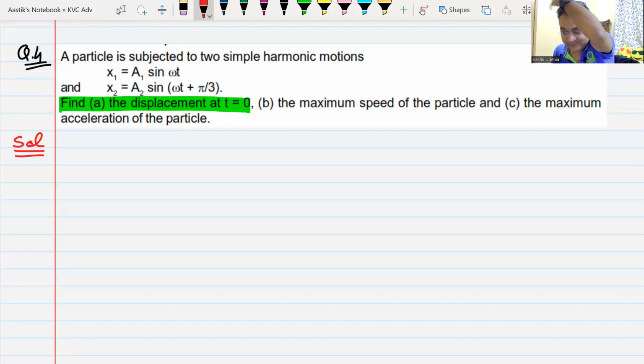Sir, I have found out the displacement equation of resultant SHM. I don't know what you have found out. I want you to find out the resultant displacement at t is equal to 0. That was the question, because A1 and A2 are not given as values, they are given as A1 and A2. Anyways, the question was to find out the displacement at t is equal to 0.